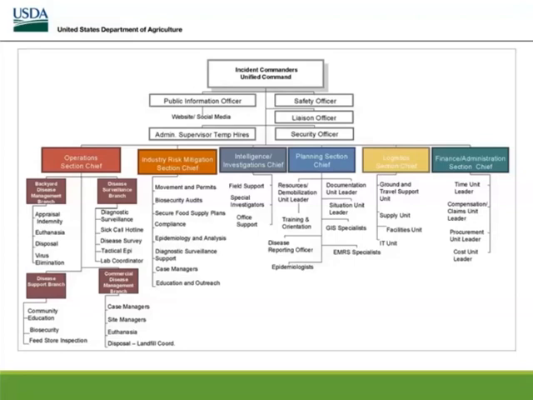We separated out the uninfected commercial producers so that we could focus that effort on risk mitigation and have biologically clean employees deal with our producers and not risk any contamination. This section was located at a different part of the building from the other operations section personnel, and we tried our best to create clean and dirty lines so that we were sending only clean personnel to those commercial premises.